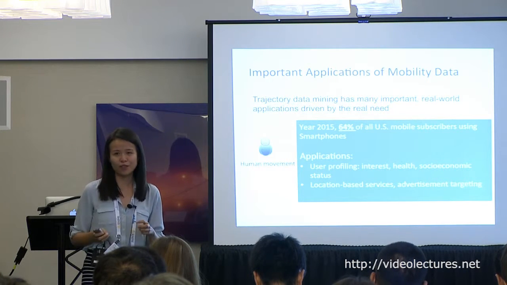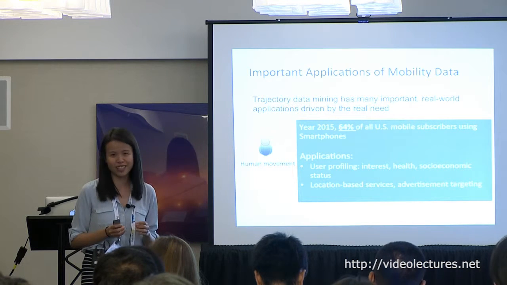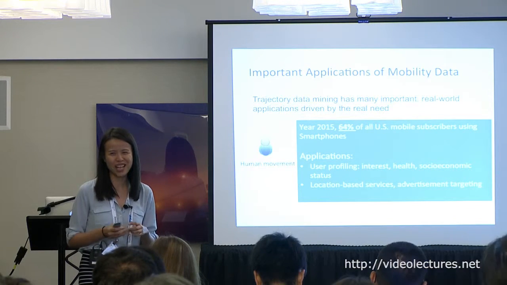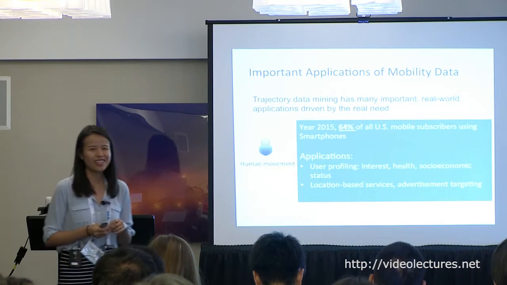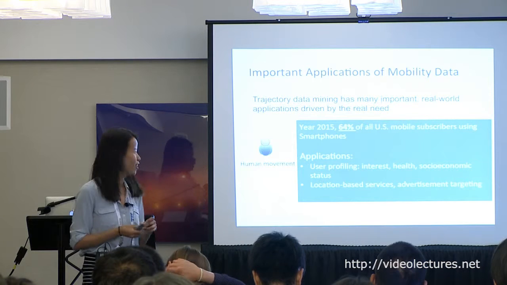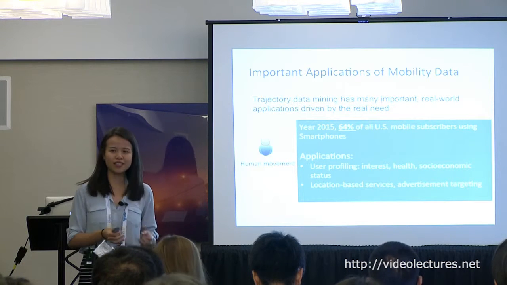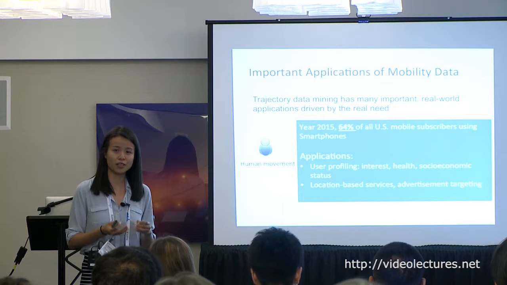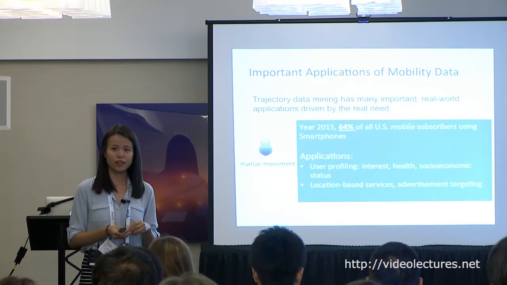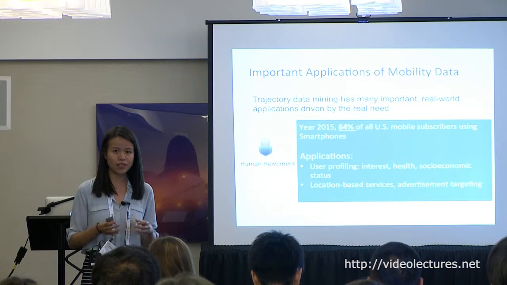And smartphones actually are all secretly tracking all your location, no matter if it's Apple or Android. So it's actually constantly sampling your location. So actually they know where you are.